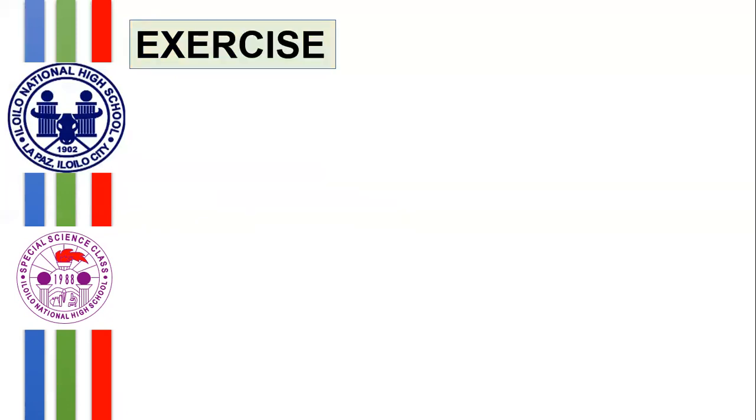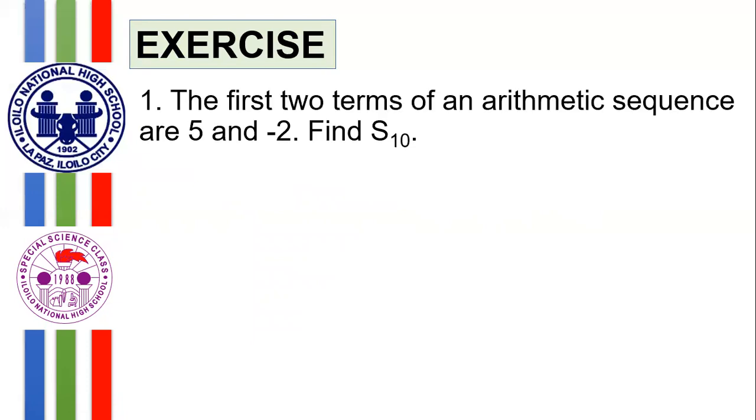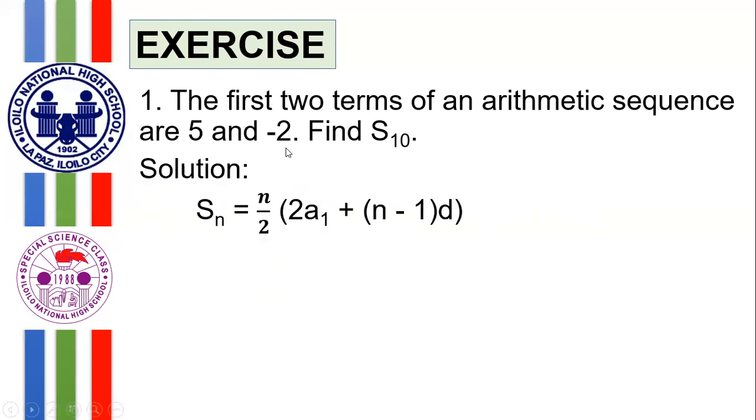Let's have these exercises. Let's have the first one. The first two terms of an arithmetic sequence are 5 and negative 2. Find S sub 10. Since you are given two terms, it's understood that the first number mentioned is the first term, and the second number mentioned is the second term. And since you're looking for S sub 10, then your n here is 10.